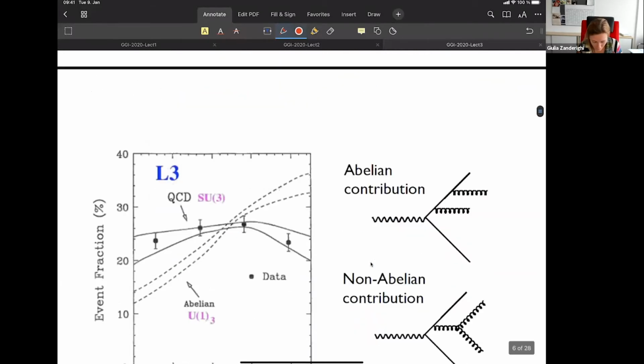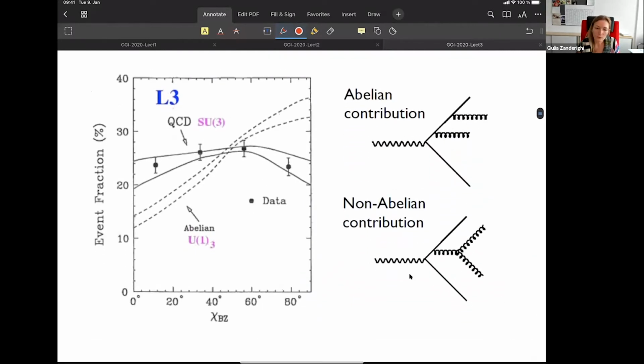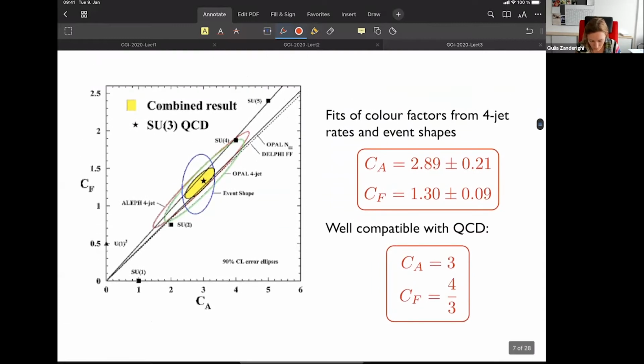And here is another example of one of these variables. Again, you can try to see whether QCD is in fact a non-abelian theory, as we talked about, or is somehow a copy of QED, an abelian theory. Again, you can do calculations and you see that data really nicely tells you. Similarly, you can use these things, as shown here, to fit, for instance, the color factors, the Casimirs CA and CF.